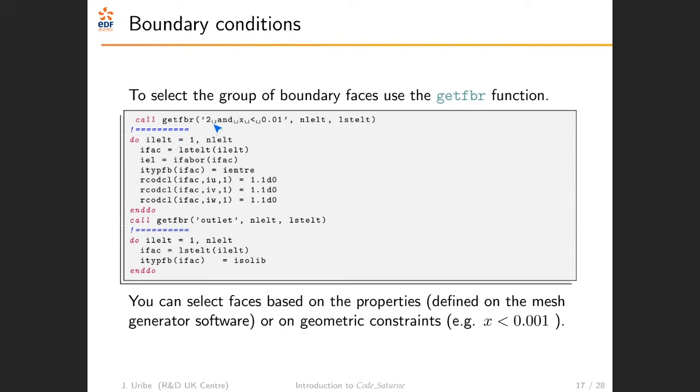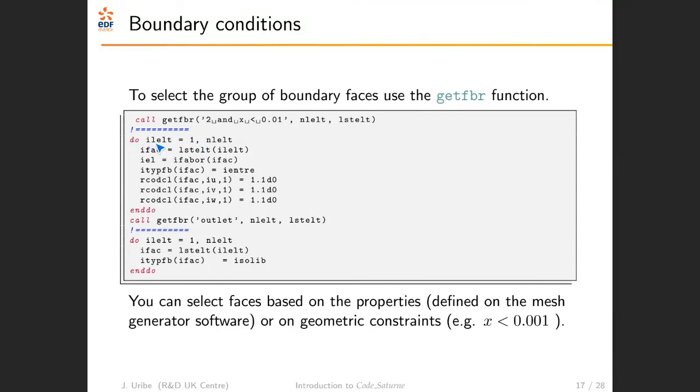So in this example, we get a face that has been named as 2 in the mesh generator, and also where X is less than 0.01, for example. And that function, get FBR, returns the number of faces that it found, so this LT, and an array with those faces, the actual number of those faces, the internal number of the code.